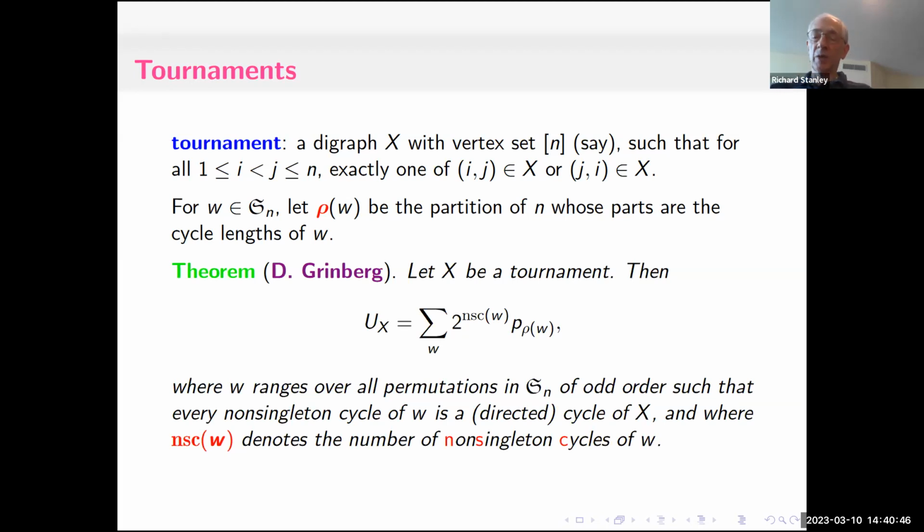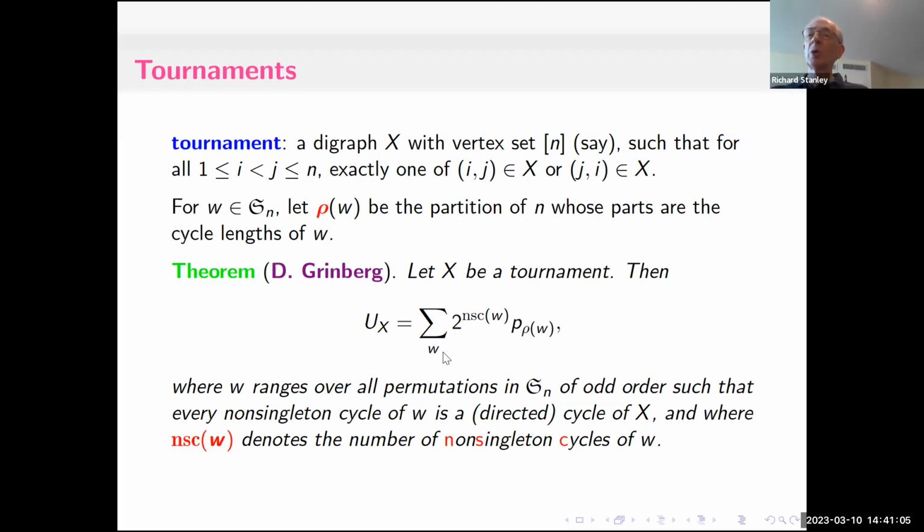So here is Grinberg's expansion of UX when X is a tournament in terms of the power sums. It's a completely different kind of expansion than the one I gave before using record partitions.